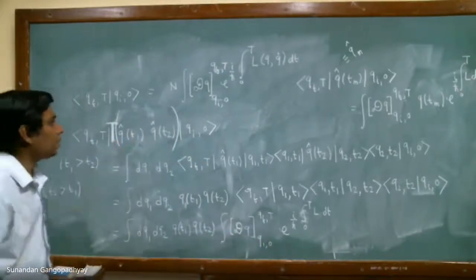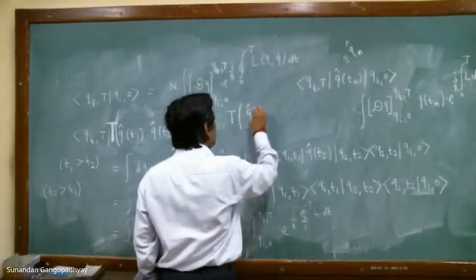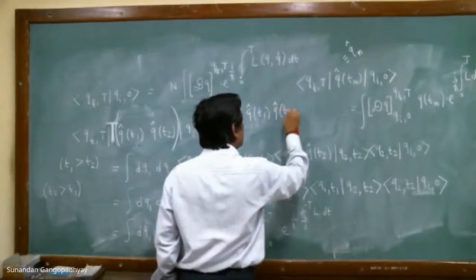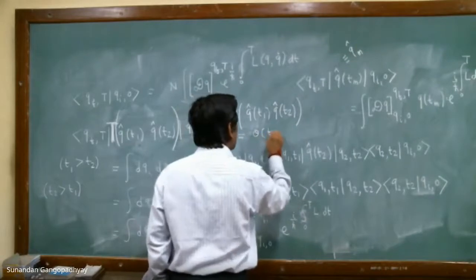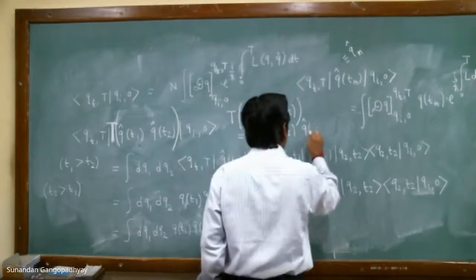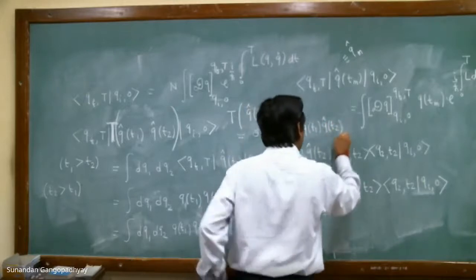And what is this time ordering? This time ordering of these two operators is defined in the following way. T, T hat, this is basically theta(T_1 minus T_2) Q hat(T_1) Q hat(T_2).